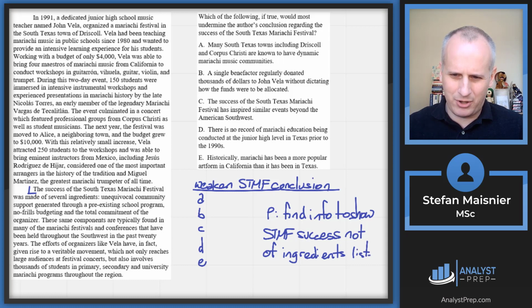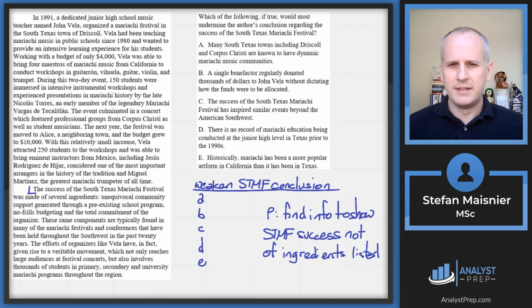And you don't want to write them all out necessarily, but that's basically our prediction. We're trying to show that it wasn't these ingredients of unequivocal community support generated through a pre-existing school program, no frills budgeting, and the total commitment of the organizer. We want to find something else that led to the success.